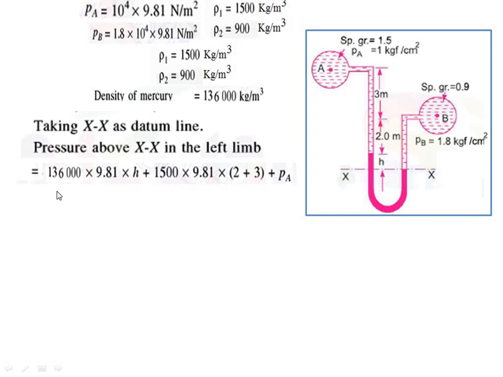So above the XX line, on the left side, we have written this equation as 13.6 into 10 to power 3 into 9.81 into H plus 1500 into 9.81 into 3 plus 2, that is 5, plus PA. So this equation can be further solved.